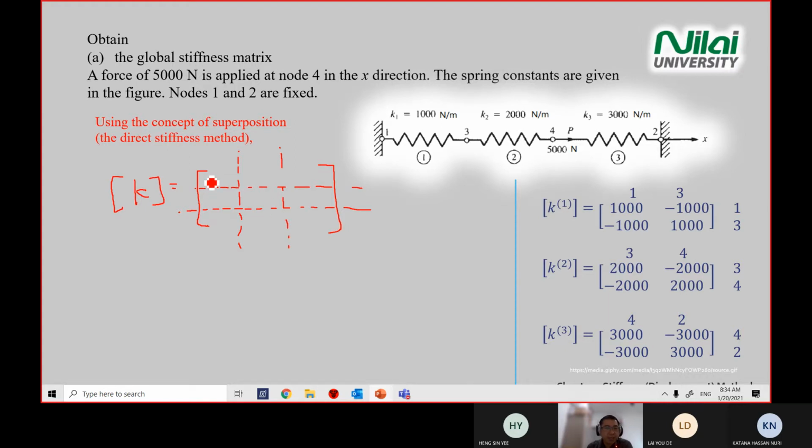So you know that your numbering is 1, 3, 3, 4, 4, 2. Actually this is the wrong one, because you have four numbers here. So you need to expand your matrix into 4.